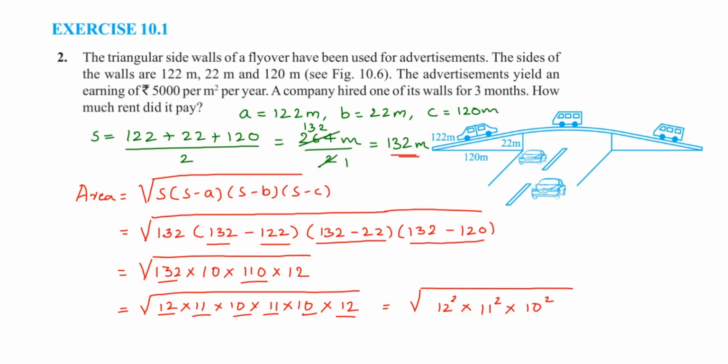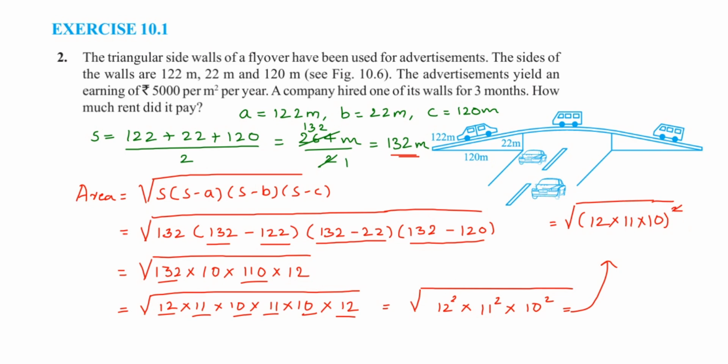Now again we can rewrite this as the square root of, inside the bracket, since the power is same, bases are different, so you can multiply the bases, which is 12 times 11 times 10, and the power will be same. Now here we have a square and square root, they are inverse operations, they will cancel out.